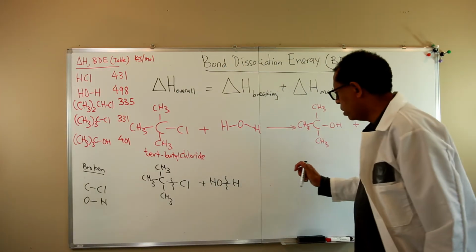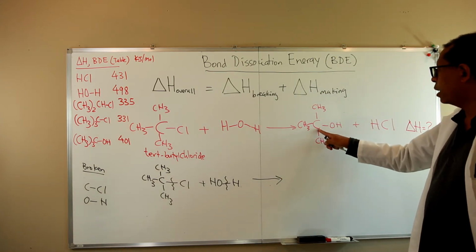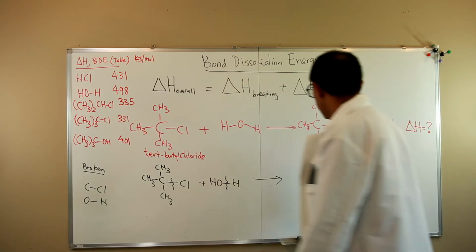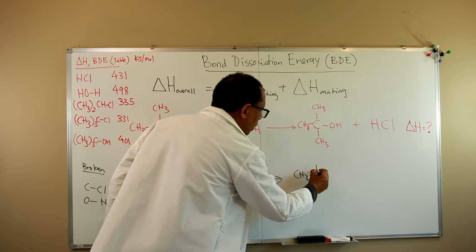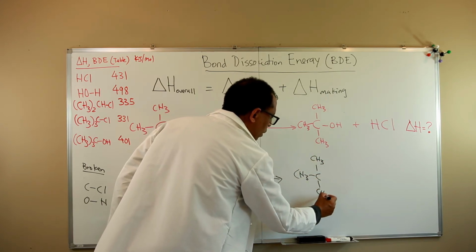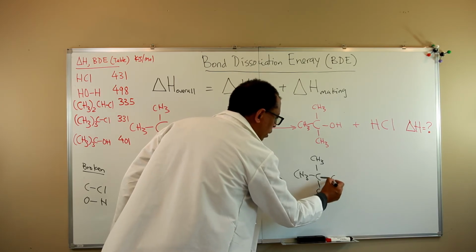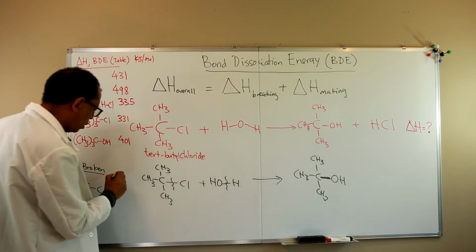Here, on the product side, you have a carbon-oxygen bond being made. So what we have is CH3, CH3, CH3. This is a new bond formed between carbon and oxygen.